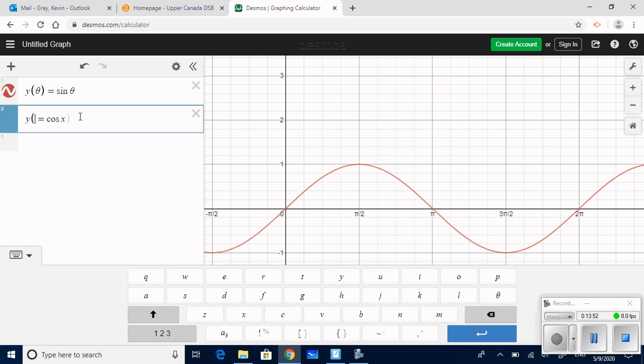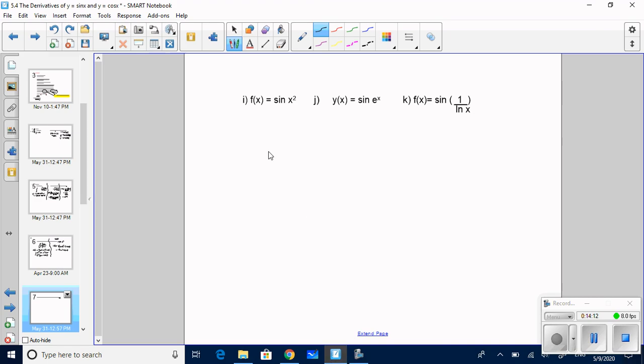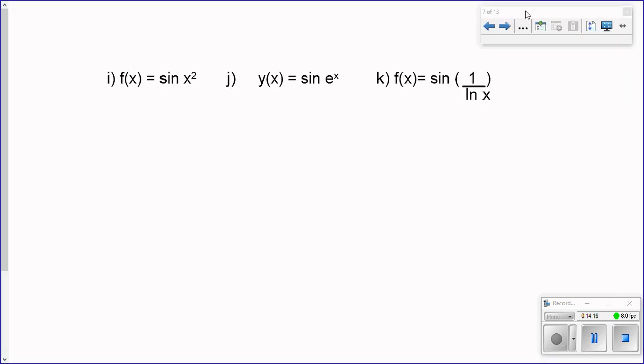I can also do another one here, if you like to use theta. Generally, that's how you do this in Desmos. This is going to come in handy as we work through the rest of this chapter. So let's go back to the lesson here and get on to a couple more pretty serious trig functions.